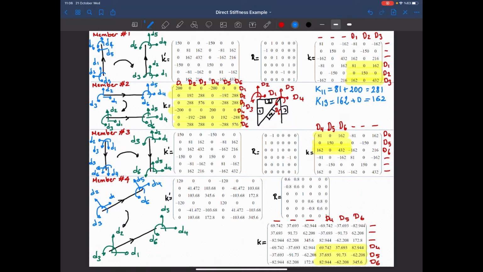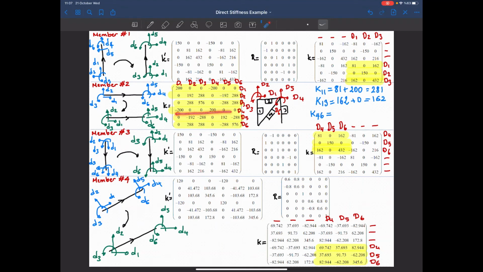Let's do K46. Okay. So K46. How much contribution will I get? I'm looking at this row. There's a unit translation in 4, and I want to keep the rotation equal to 0. K46 is this one, or you can just use this one, doesn't matter.